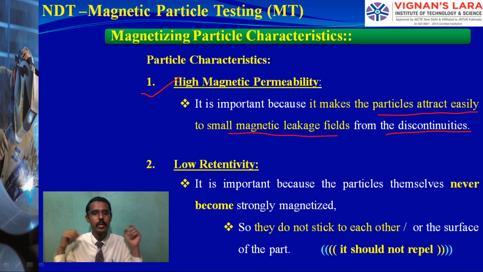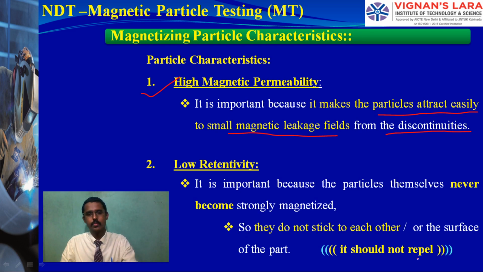That is called permeability. Here, the particle should move easily towards the gaps or micro gaps. If it is a micro gap and the particle is very large, it will not fit into that crack. So it makes particles attracted easily to small magnetic leakage fields. Even very small leakage fields, these particles are able to attract and join there. That much permeability should be there in the ferromagnetic particles.